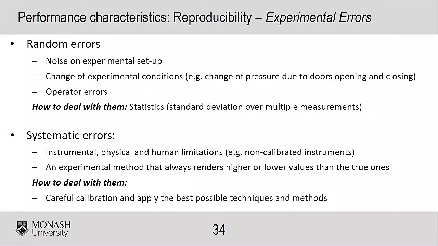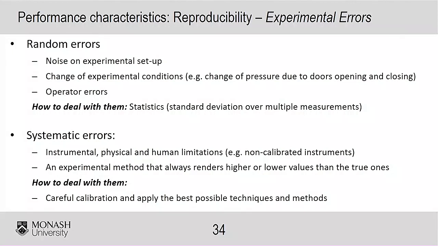So when we're looking at reproducibility, we do have experimental errors in them as well. These are typically defined as random or systematic errors. In the case of random errors, you can often get noise on your experimental setup or errors to do with your experimental setup. You can get a change of the experimental conditions. For instance, let's say we were measuring the air pressure inside this room during the lecture.